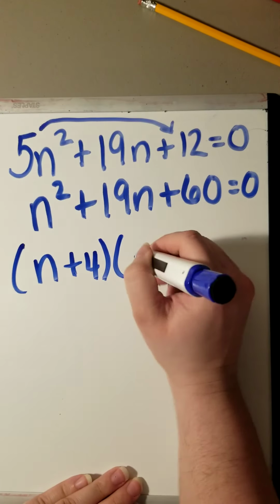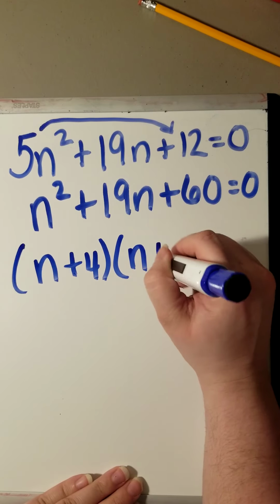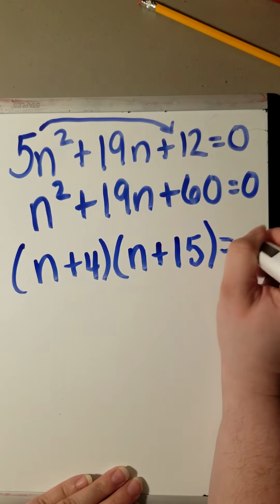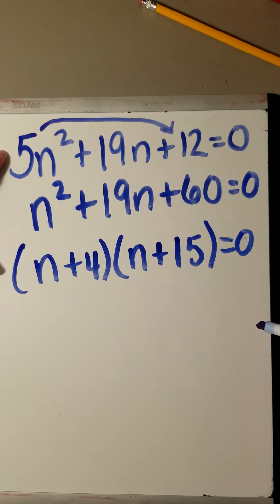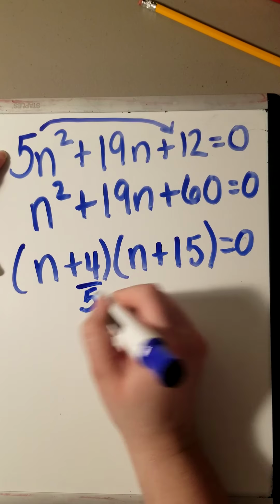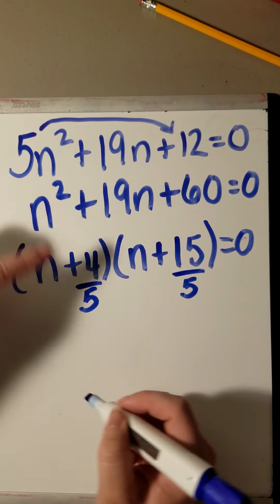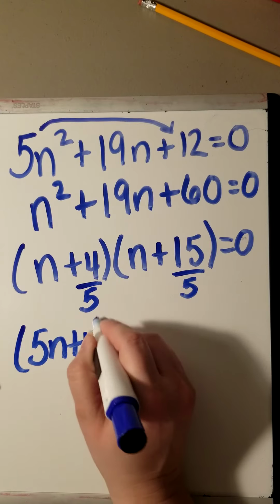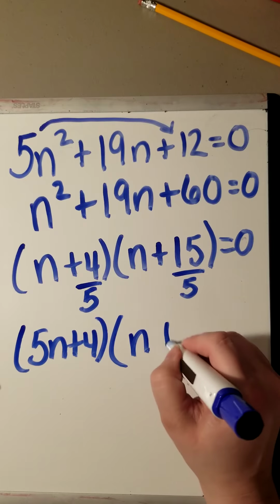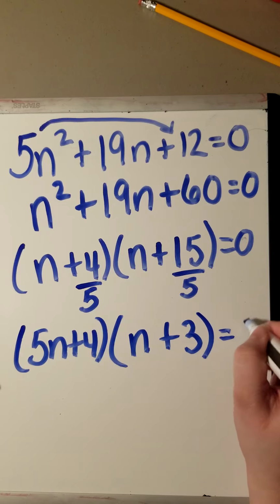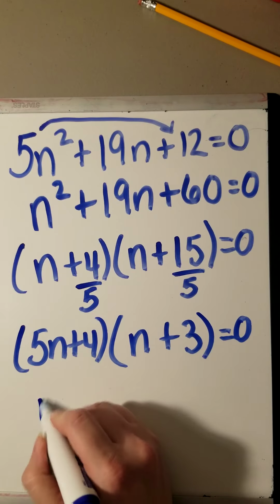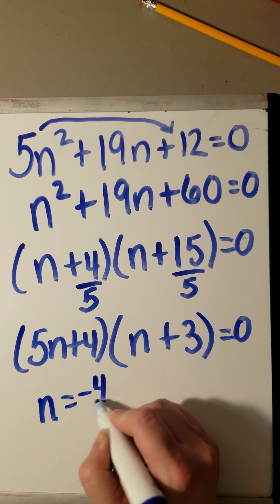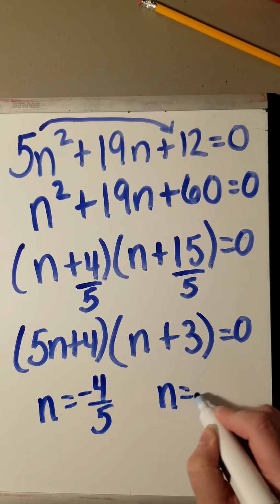And everything's positive here, so I know all my signs are going to be positive. And I got rid of it by multiplying, so I make it reappear by dividing. This would not divide evenly, so 5n plus 4. And this one does divide evenly, so I just rewrite it. So this would be n equals -4/5 and n equals -3.